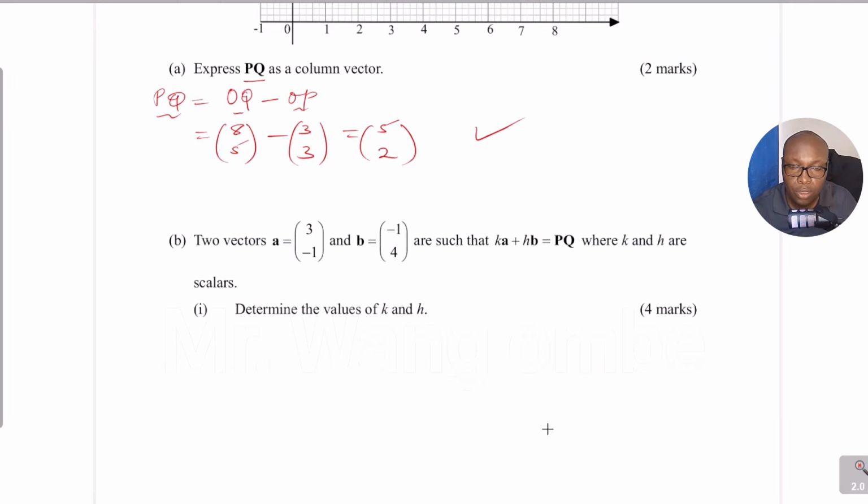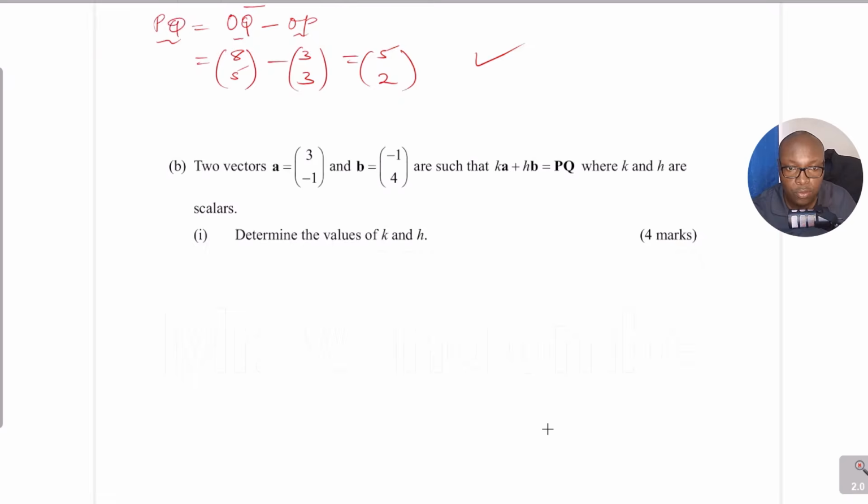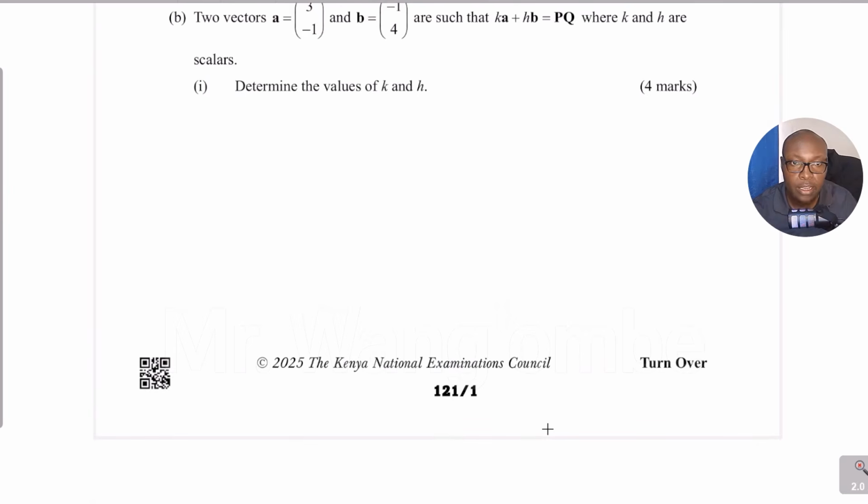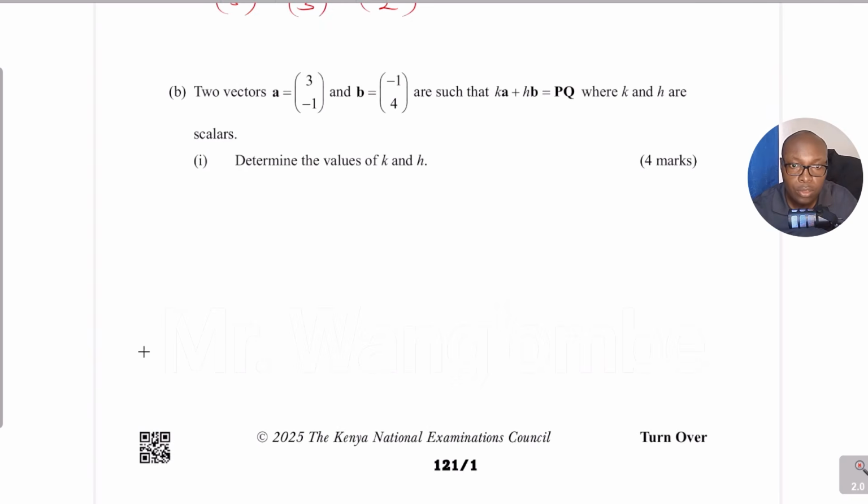Part B. Two vectors A, (3, -1), and B, (-1, 4), are such that KA plus HB is equal to PQ, where K and H are scalars. Determine the values of the scalars K and H. So this is how we're supposed to do it. We have KA. So we take the scalar K and then we multiply by A. Vector A is here, 3, -1.